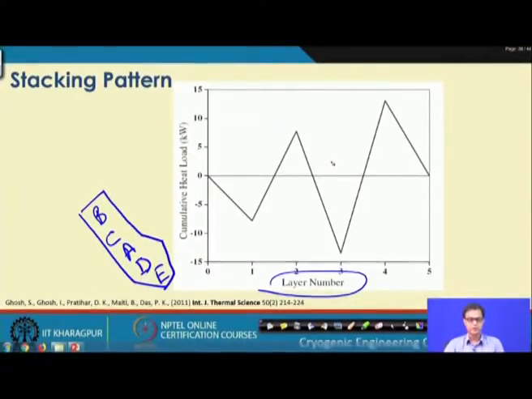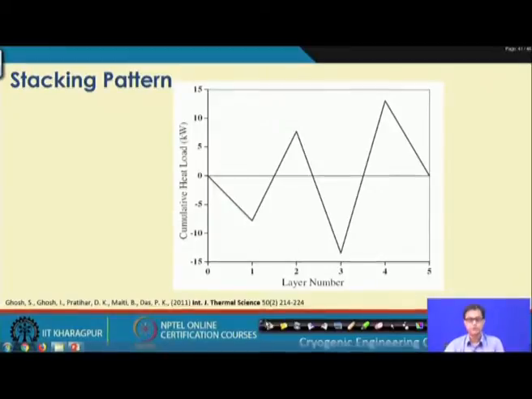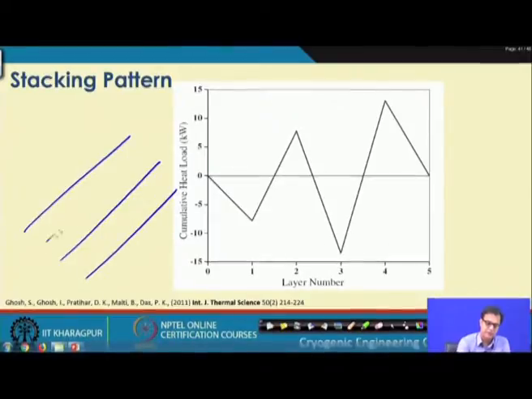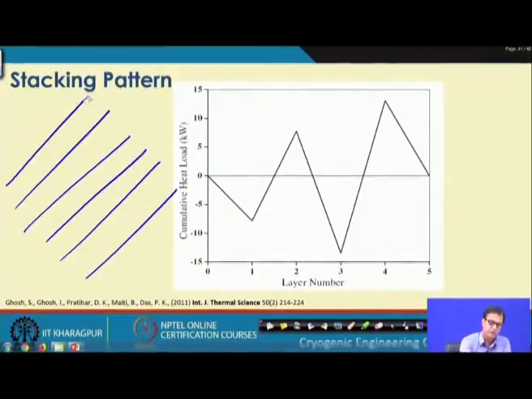optimum stacking pattern: at any cross section in the heat exchanger, in a particular layer, if this is the heat exchanger and there are multiple fluids going in and out.